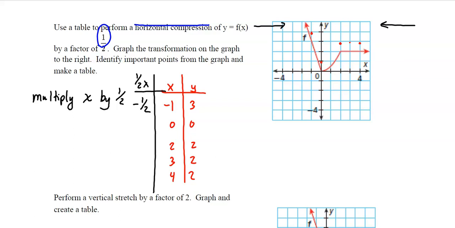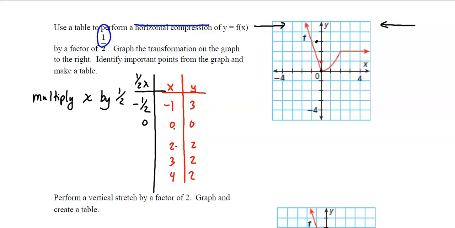So now my new point is at -1/2 up 3. So I'm now right there. And if I multiply this 0 by 1/2, well, that's 0, 0. So nothing really changed there.